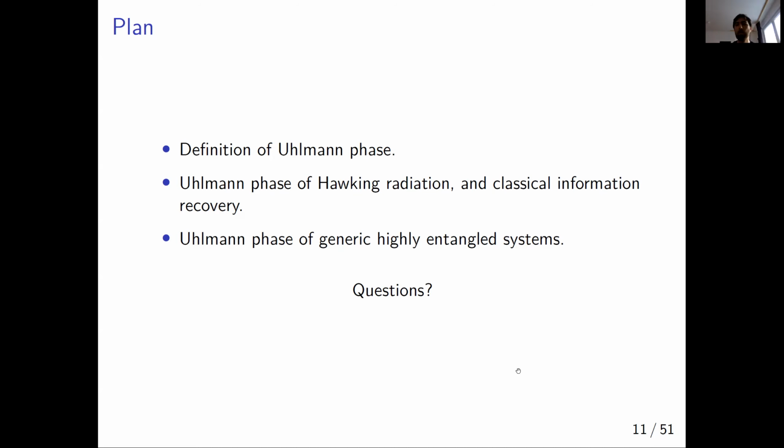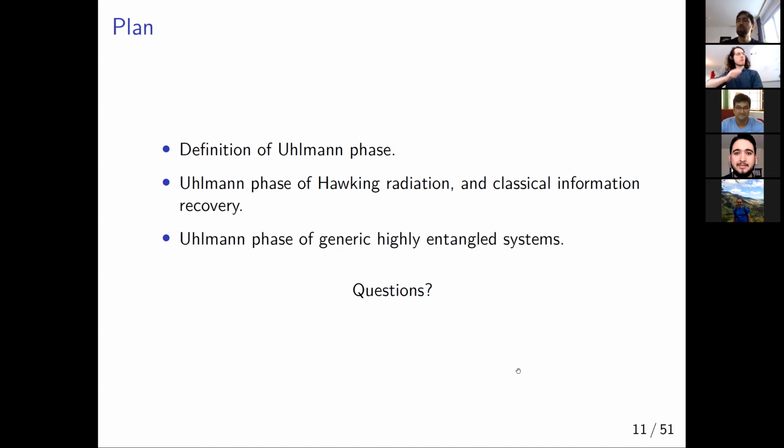Josh, I have a question. Yeah. So maybe it's not necessarily about what you're doing, but more generally, when you were talking about the Page curve, people usually say that if you reproduce the Page curve for the entanglement entropy, then this implies that you have a unitary process. But I think that's not exactly correct.